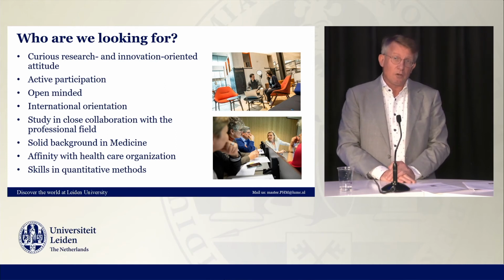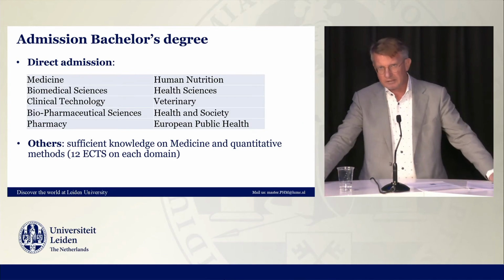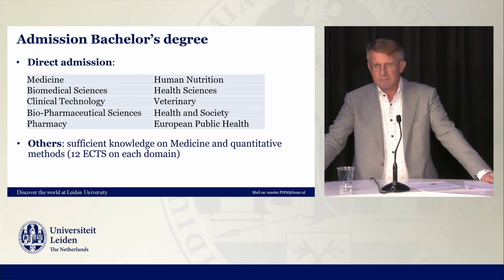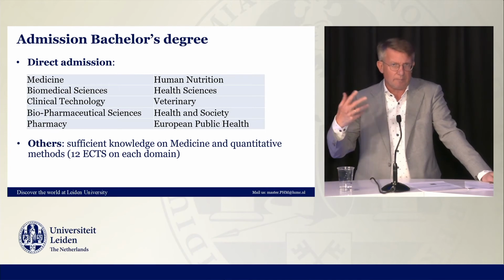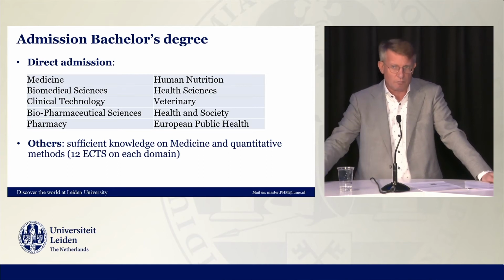Those are the people we are looking for, and we translate it into some bachelors that have direct admission, and some bachelors where we really want you to come if you have sufficient pre-knowledge. A lot of bachelors have it, but you have to show it a little bit.